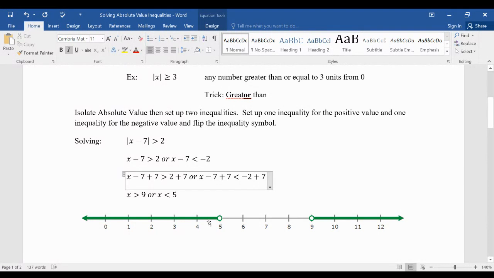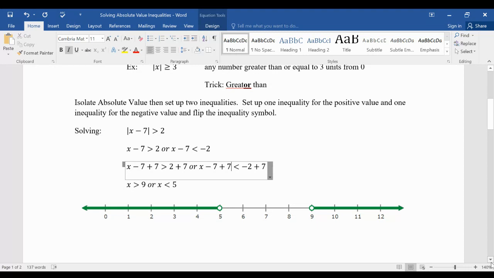So from here down, not including 5, and like we said, it was greater than, it was more than a certain distance away from the middle, and the middle here is going to be 7. That's where it gives us a 0. 7 minus 7 is 0. So I need to be more than 2 away from it on this side and more than 2 away from it on that side, and we want to maintain that distance. So it's less than 5 or greater than 9.